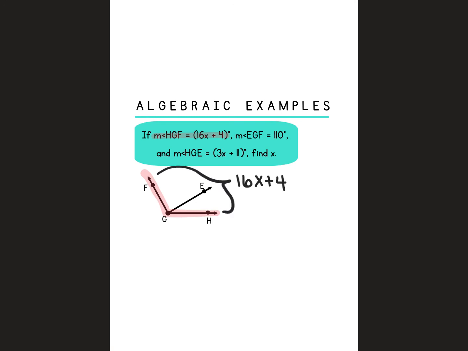Then it tells us that EGF, so this angle here, is 110. So that means my last angle is 3x plus 11. So just make sure you pay close attention when you are solving. And now go ahead and solve this one.